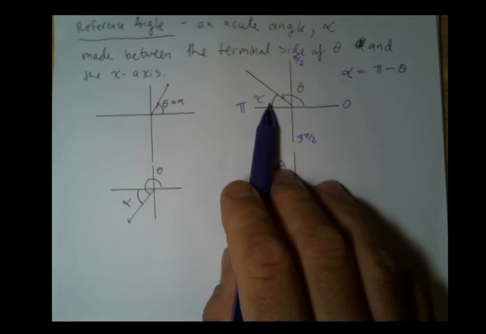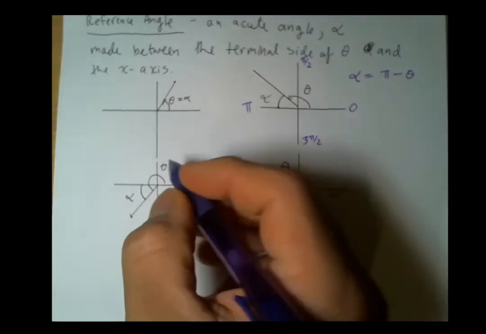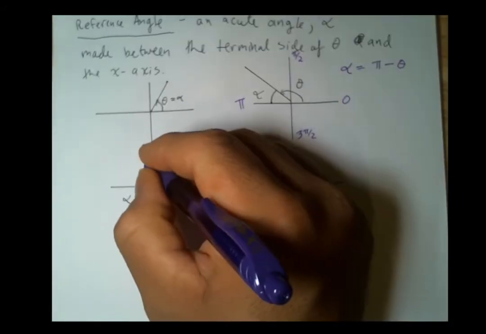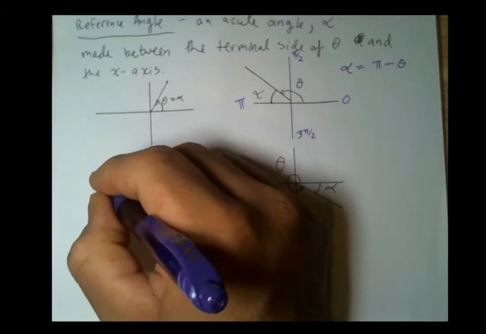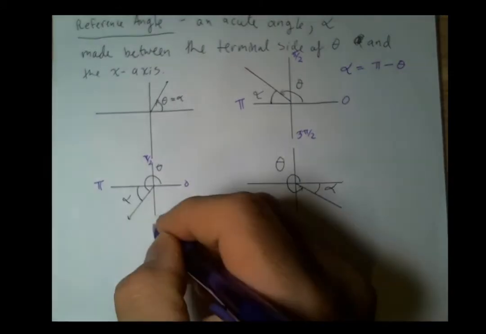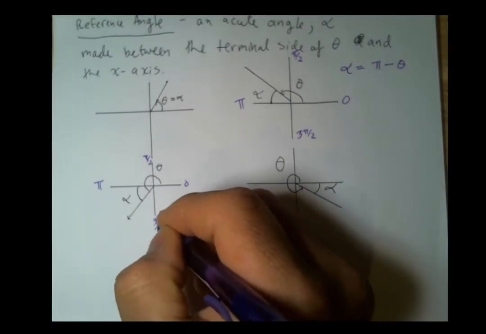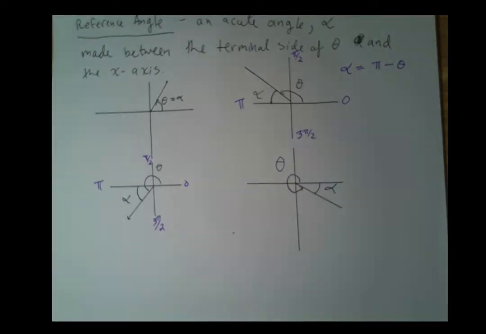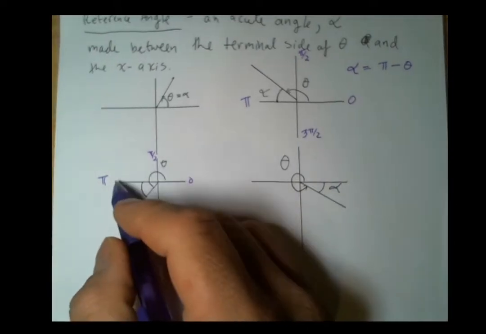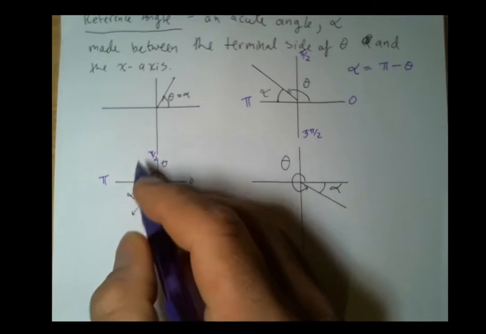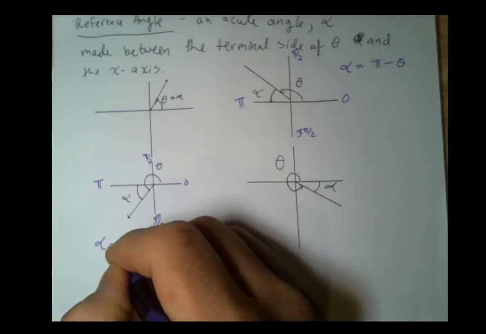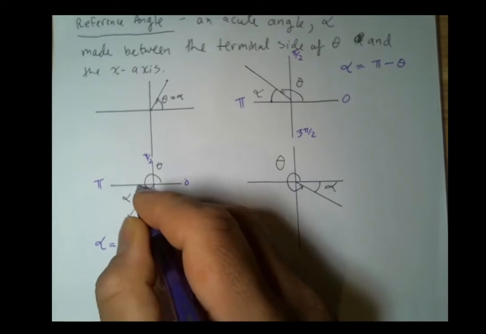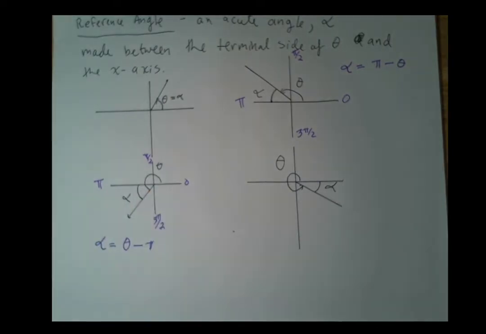Our reference angle. Now over here, when we're in the third quadrant, again we use these as our guideposts here. In this case, theta is bigger than pi, so theta would be all the way, but if I take away pi, then I'm left with this angle here.